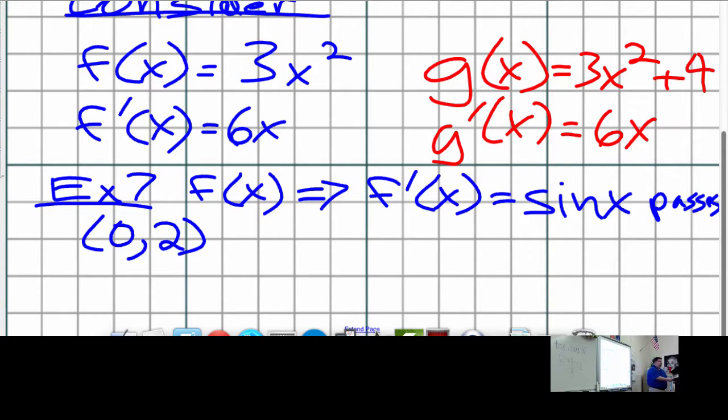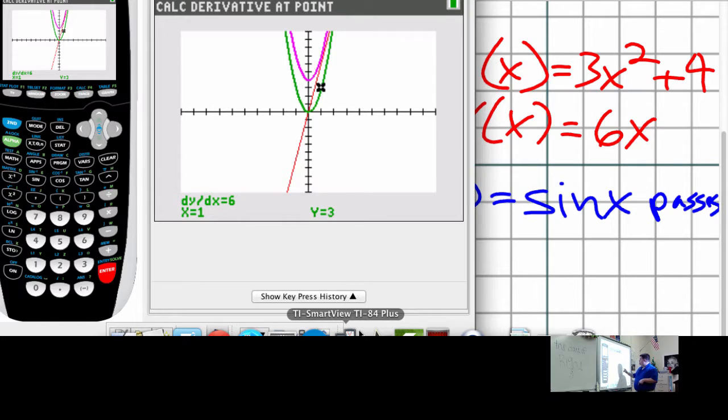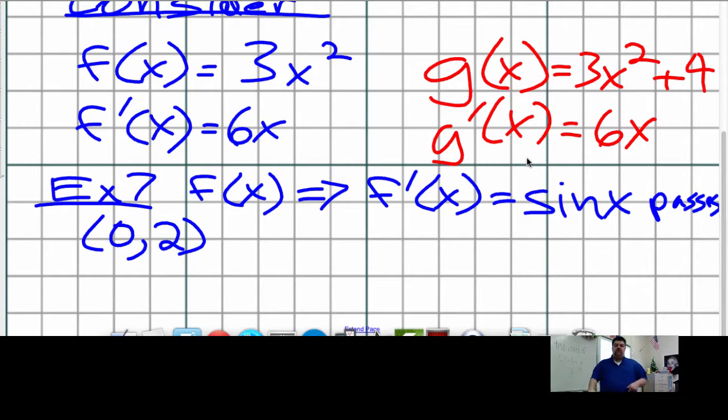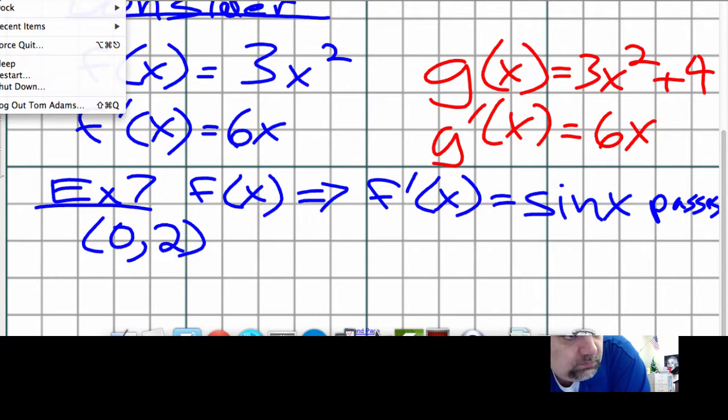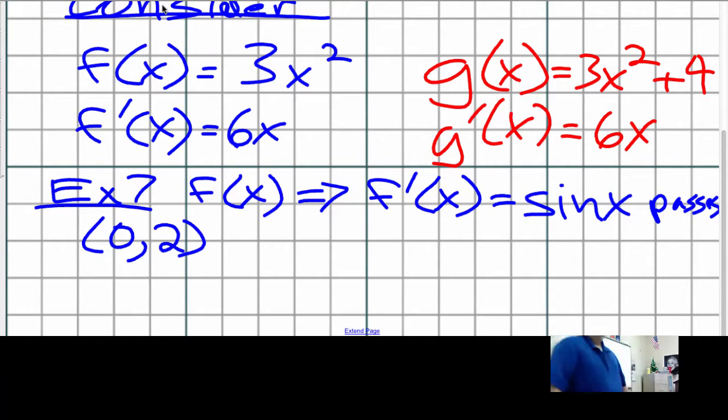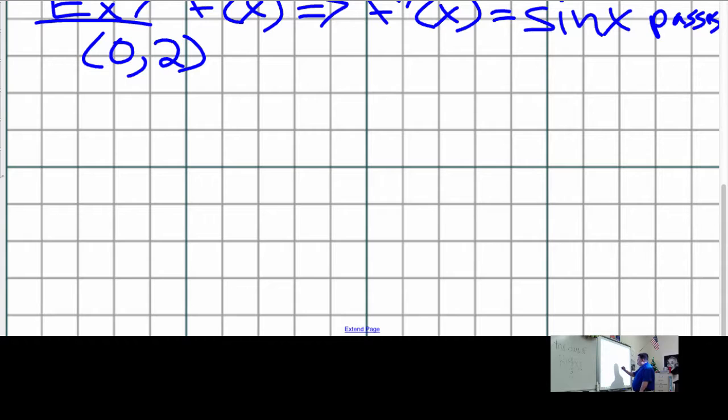So now when we go to guess, we've got to think to ourselves, f prime is sine of x.